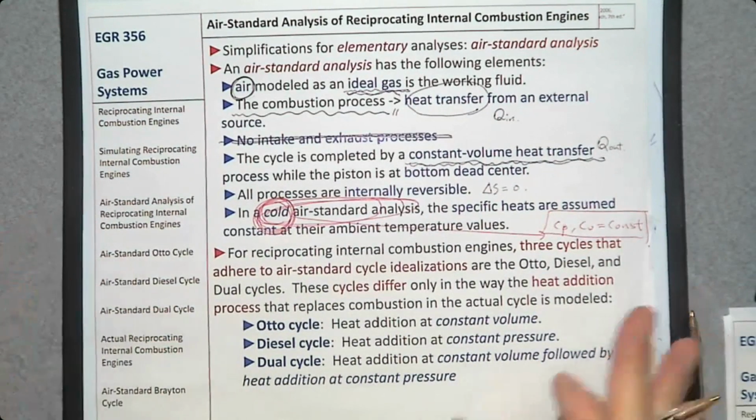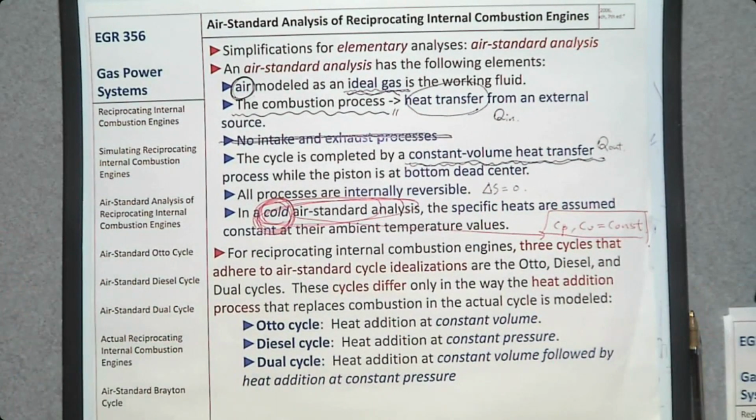So there is just air standard analysis and there is cold air standard analysis. If we just use air standard analysis, we cannot use constant specific heat. But if we make another assumption, that is cold air standard analysis, then we can use specific heat.